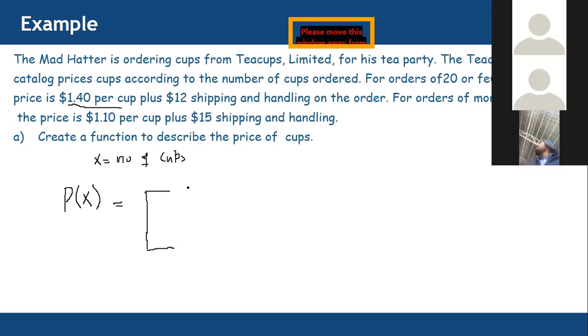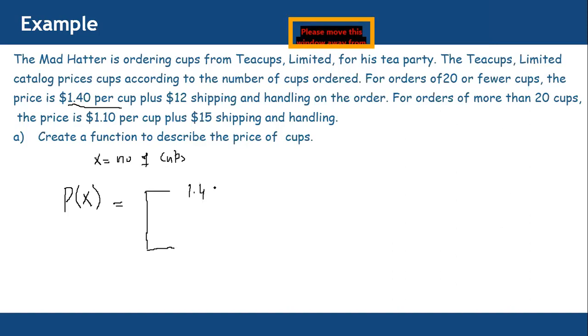So this means that 1.4 multiplies with what? Multiply with x. x means the number of cups, plus 12 is for shipping and handling.